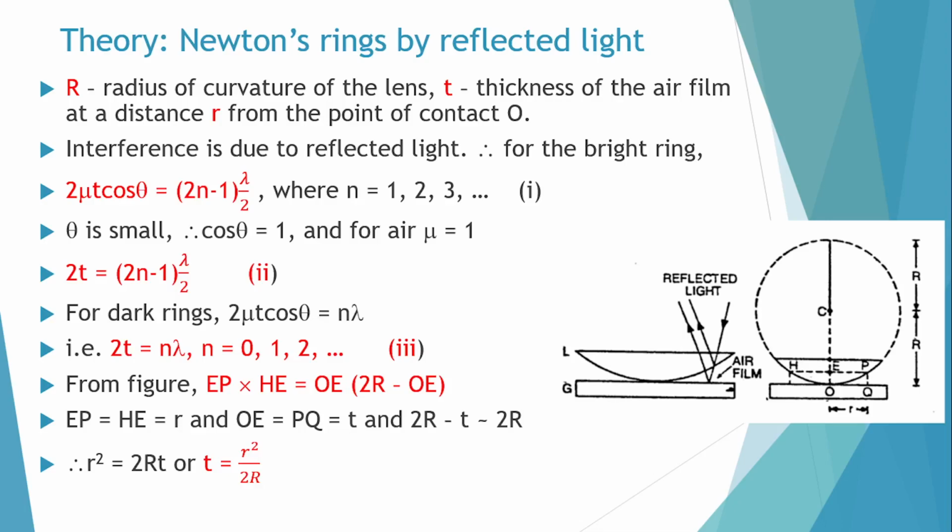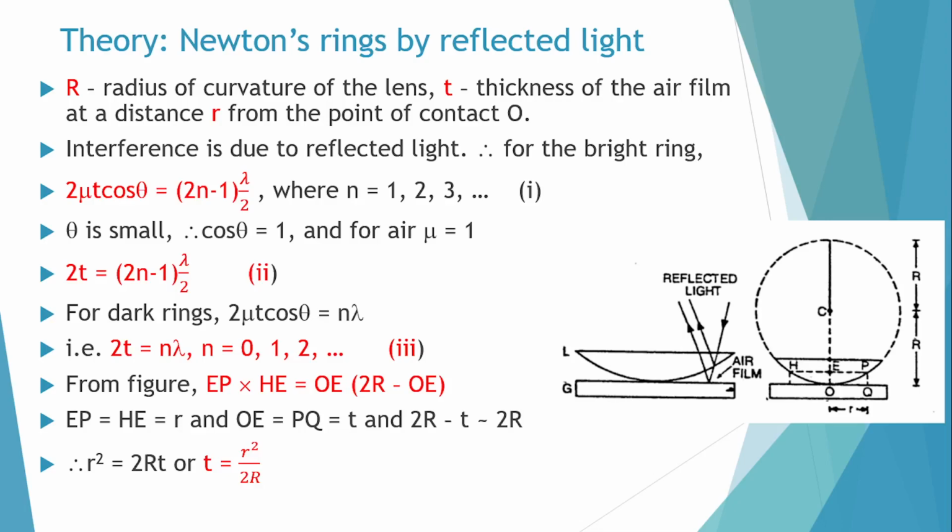The thickness is gradually increasing from point O towards outside. So at point Q, at a distance r from the point of contact, the thickness is t.